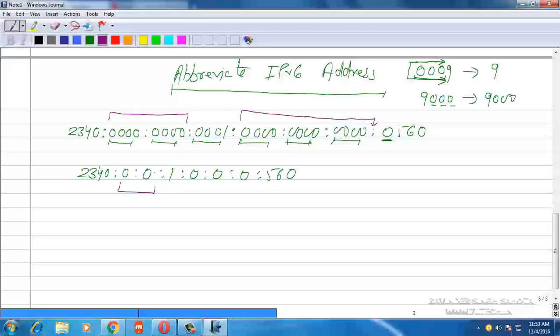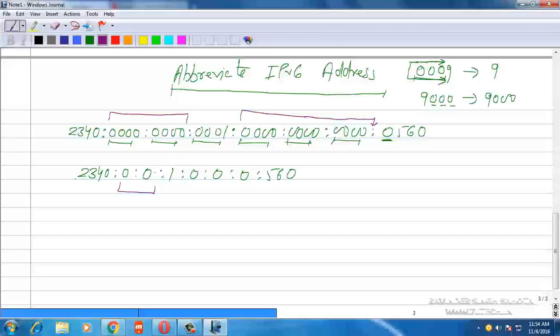So while abbreviating an IPv6 address, we can remove those quartets which are all zeros and replace them with a double colon, right? But we can do this only for one such occurrence in an IPv6 address, right?